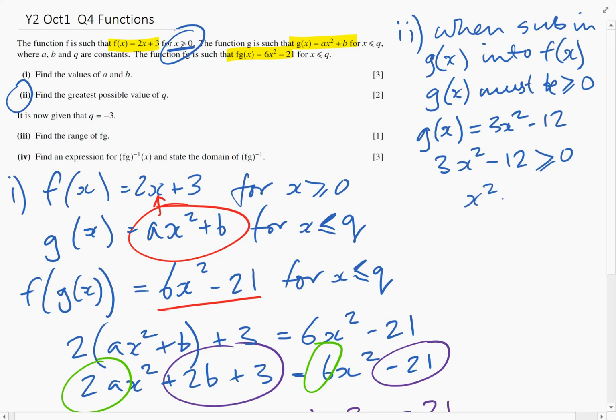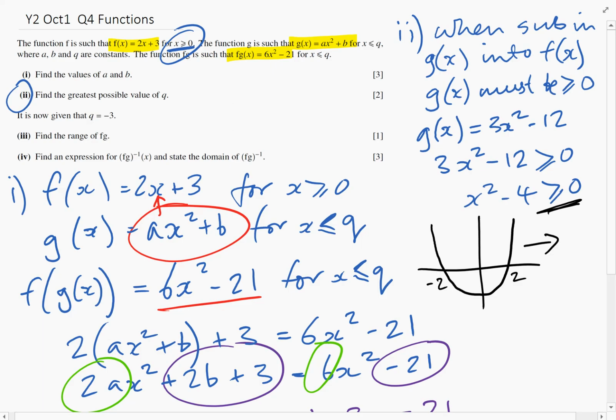So dividing by 3, x squared minus 4 is greater than 0. It might be a good idea to sketch a graph that would look like this, with minus 2 and plus 2. So where is this graph greater than 0? Well, it's greater than 0 here or here.